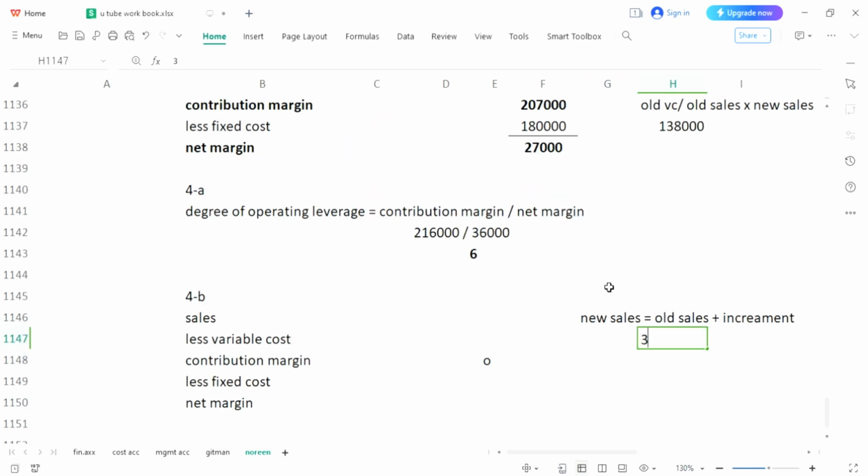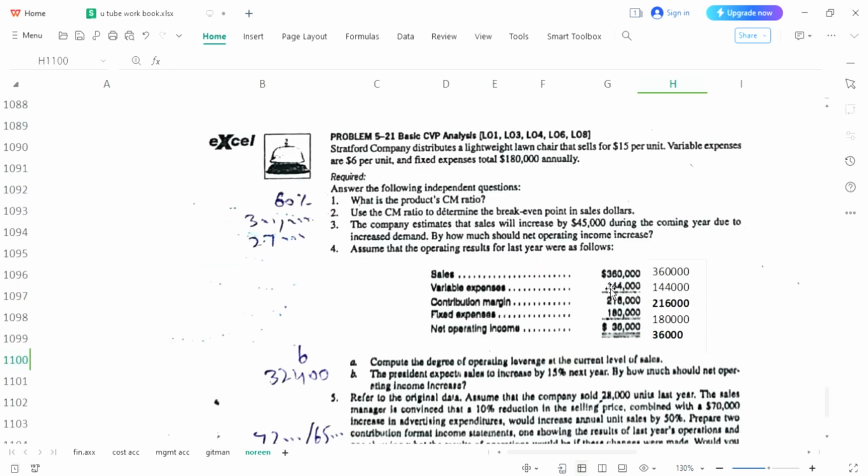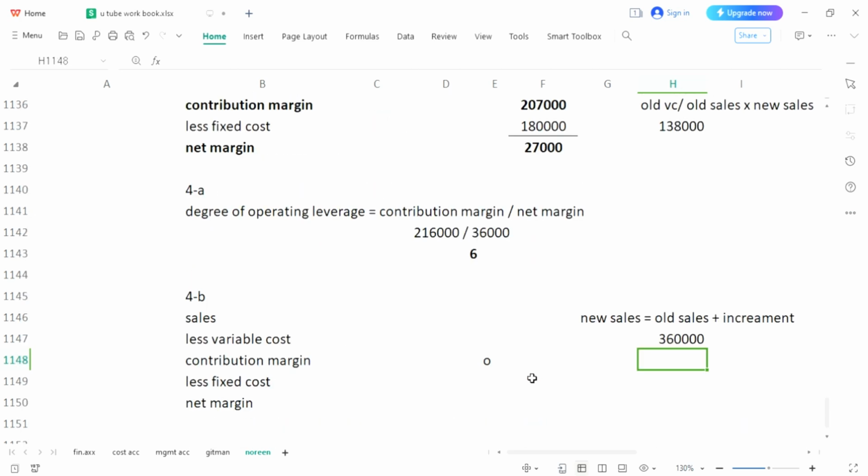You will put it over here, and the increment is 15%. Look here, increase by 15%. So what you will do, you will calculate its increment. What formula will you use? It's very simple. 3,60,000 is old sales, and we are asked to calculate 15% as increment.